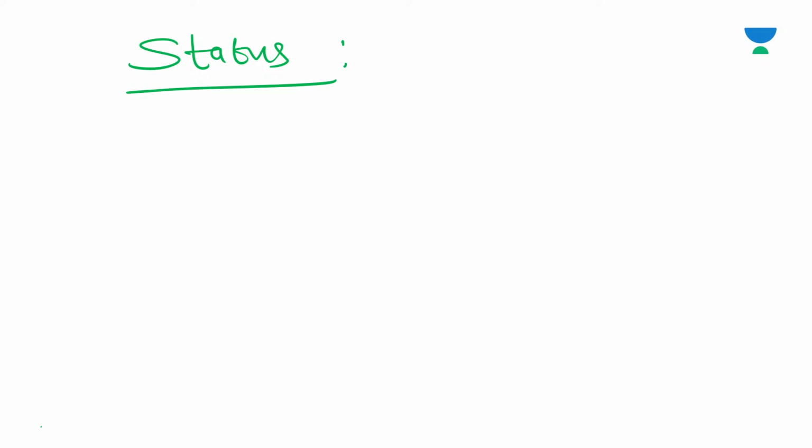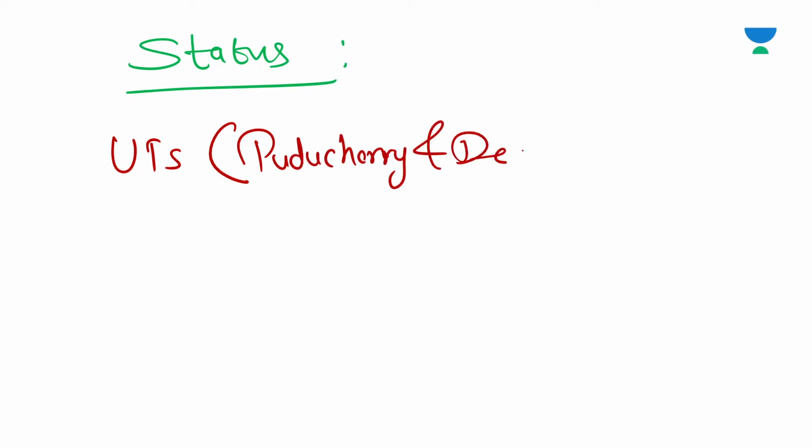When we are talking about constitutional status, the union territories, except Puducherry and Delhi, do not have any legislature of their own.